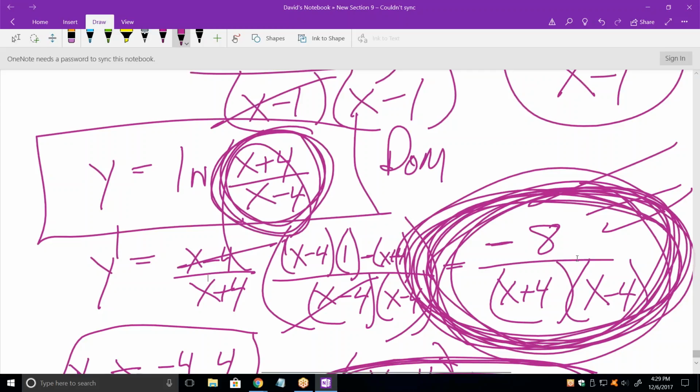So you've got to be careful when they ask about the domain. They're not really asking you about the domain of the derivative. They're asking you about the domain of the original function. Now, if after you take the derivative, it introduces even more restrictions, then the derivative would have some domain restrictions.